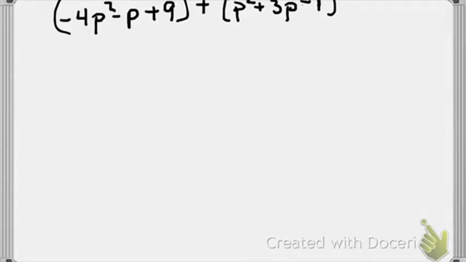All right, so here we go. This time we have trinomials. The first thing we're going to do is notice the operation. The operation is a plus sign, so I'm just going to drop the parentheses. So I'll just write it like this.